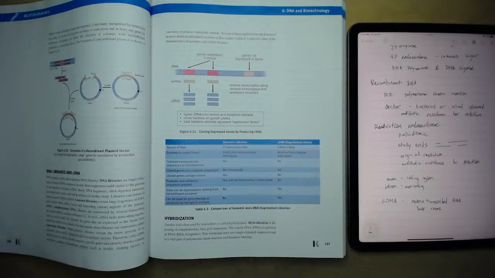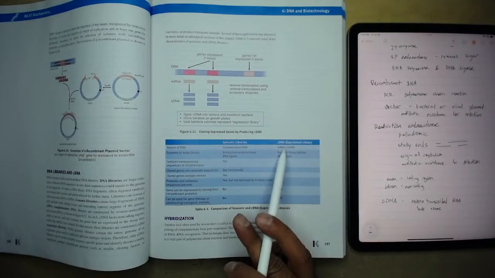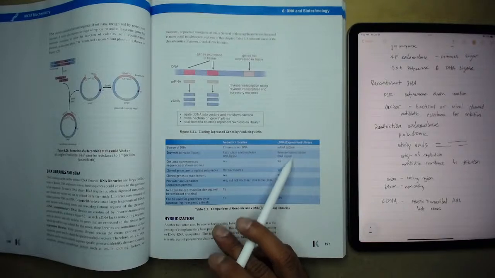And we have a chart of differences between genomic libraries and cDNA, or expression libraries.